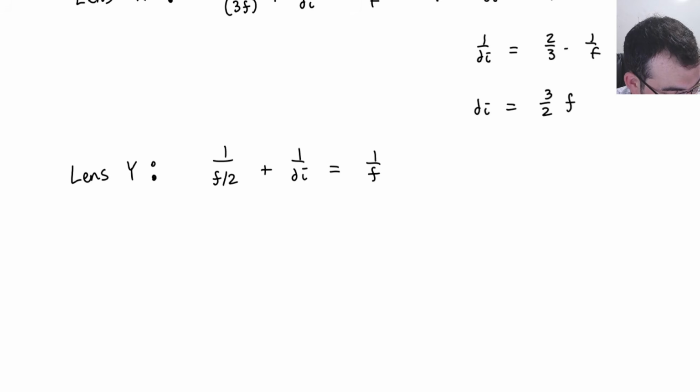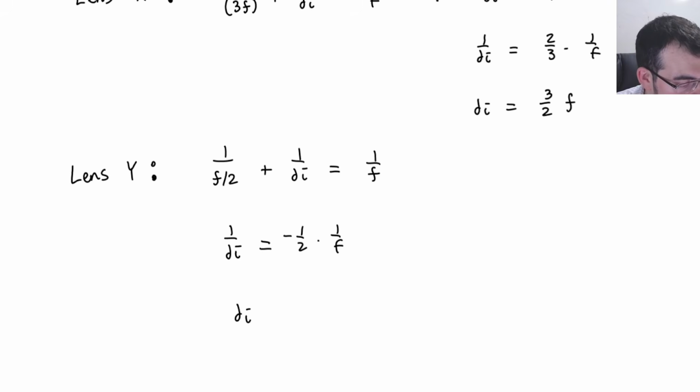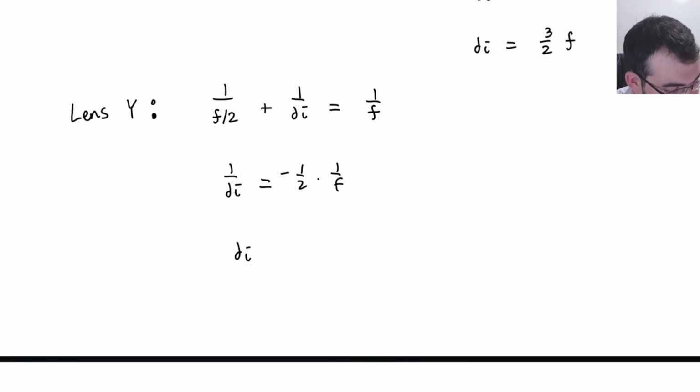And then looking here, what do we got? Sorry, so we got 1 over di is going to be 1 over f minus 1/2 times 1 over f, so we just get 1/2 times 1 over f. So di with a negative sign. No, not with a negative sign. No, we do get a negative sign, sorry.